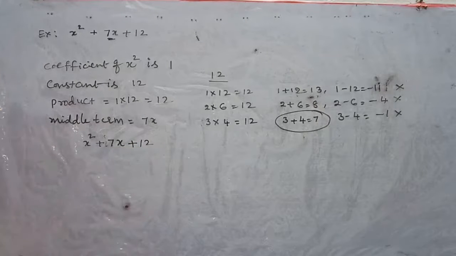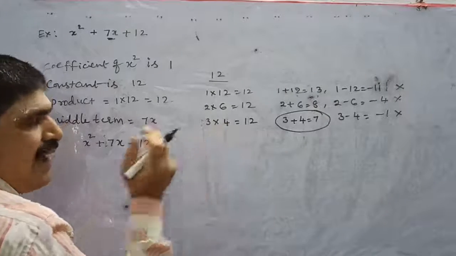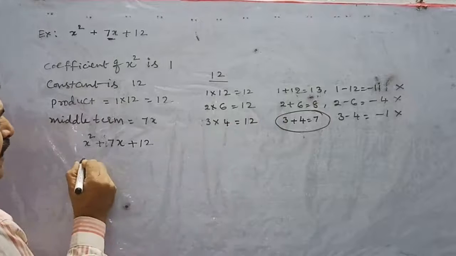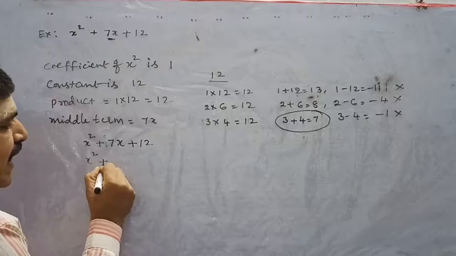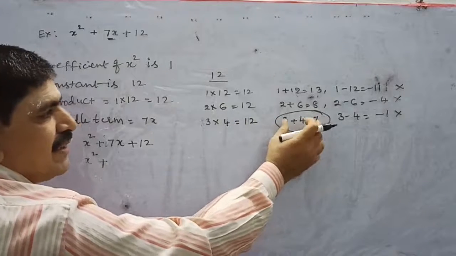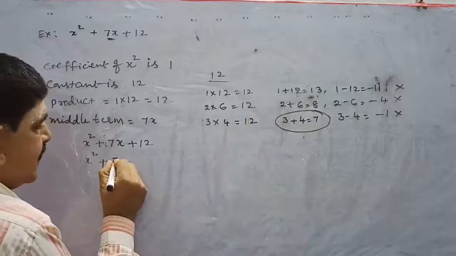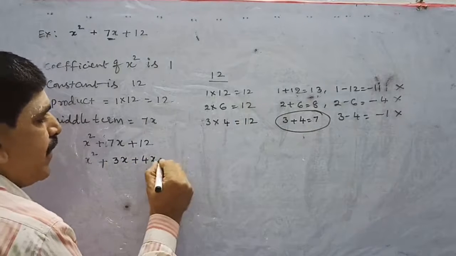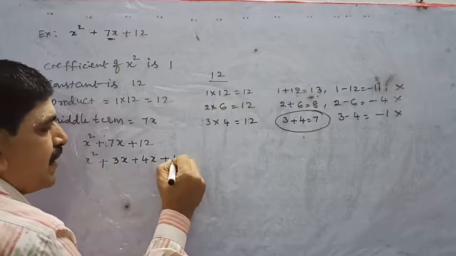Now we have to split the middle term by using the factors. 3 plus 4 is 7, and 3 into 4 is 12, so we are getting both. Therefore, 7x can be written as 3x plus 4x, so x square plus 7x plus 12 becomes x square plus 3x plus 4x plus 12.